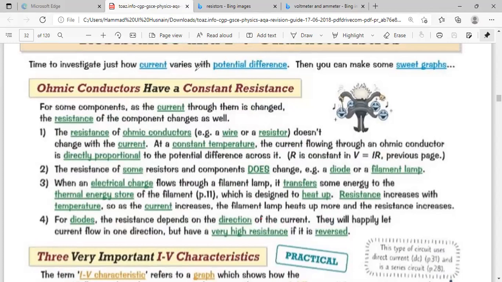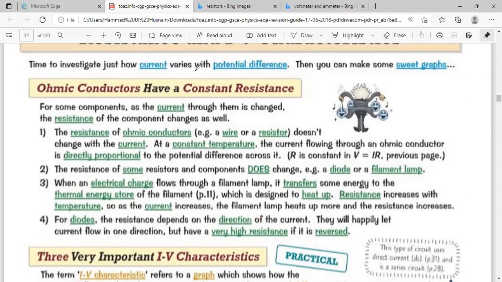Whenever you put your hand close to a bulb, you will feel that the bulb is hot, right? So the charges flowing through that filament lamp transfer some of their energy to the thermal energy store of the filament, which is designed to heat up.